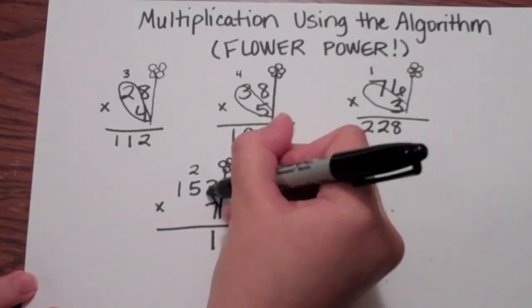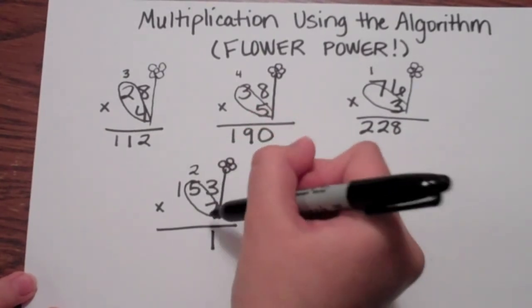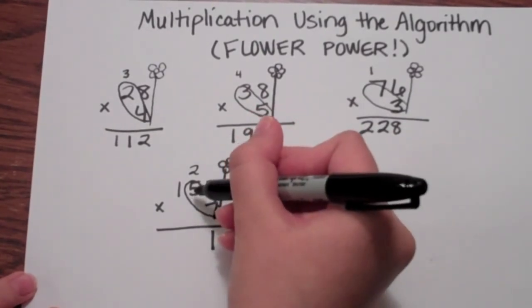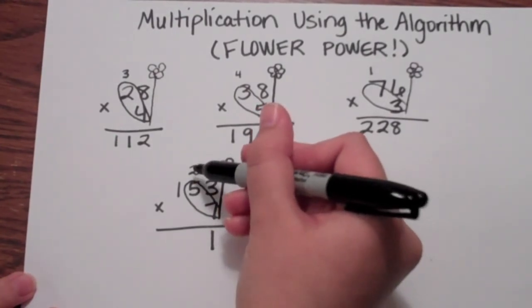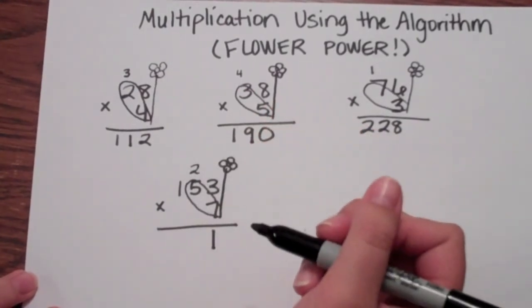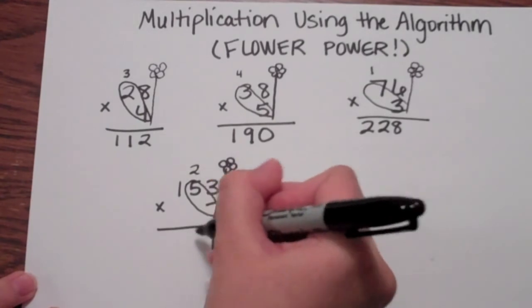Next, I draw my leaf to remind myself to multiply in the tens place next. 7 times 5 tens is 35 tens. Plus my 2 tens from earlier is 37 tens. I cannot fit 37 tens in the tens place.